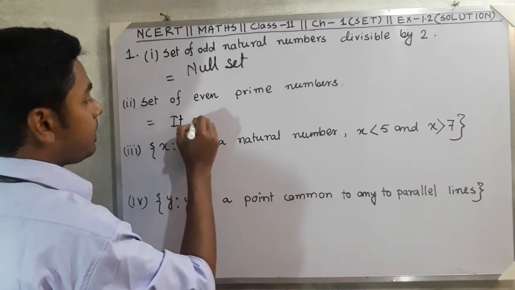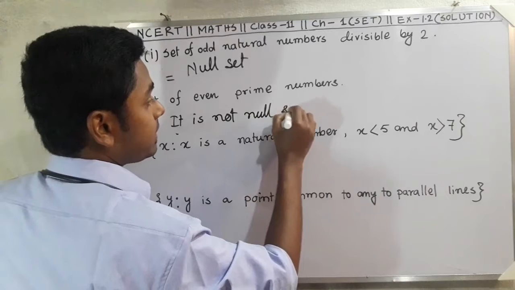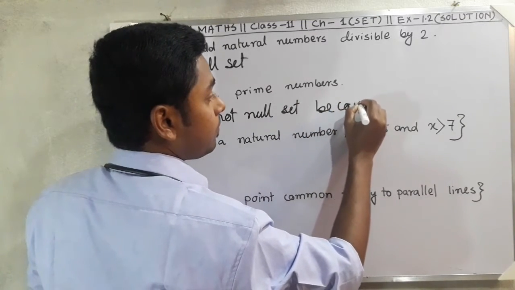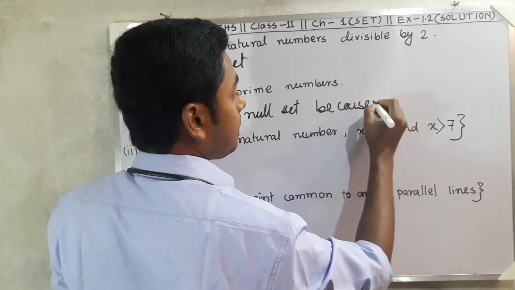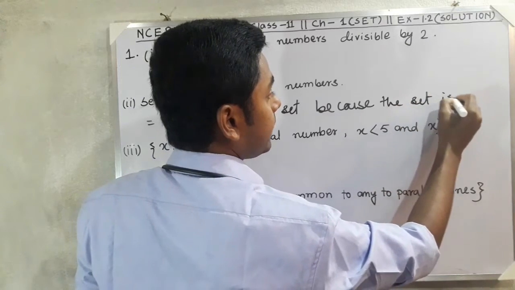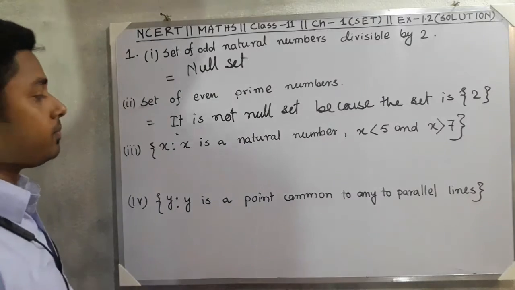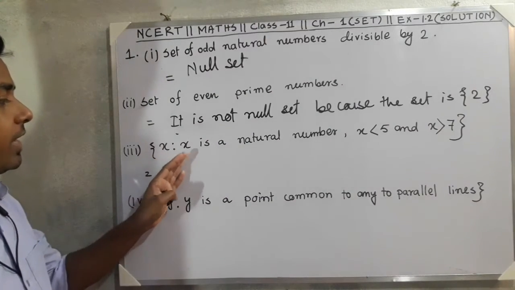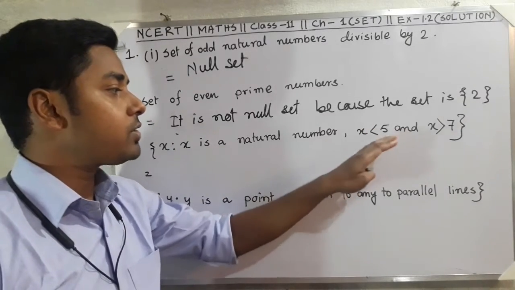It is not a null set, because the set is this.